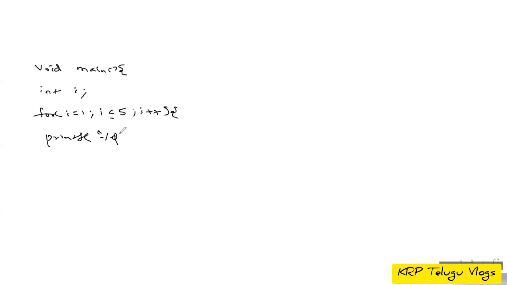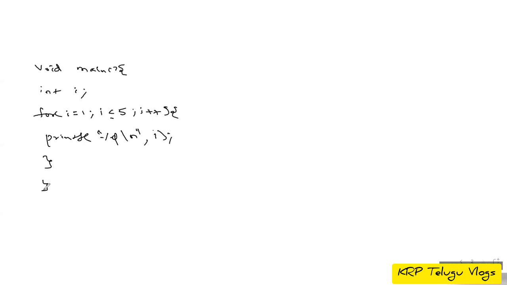for loop. So how will a for loop execute? For example, void main, int i, for i is equal to 1, i less than or equal to 5, i plus plus, printf percentage d comma i.